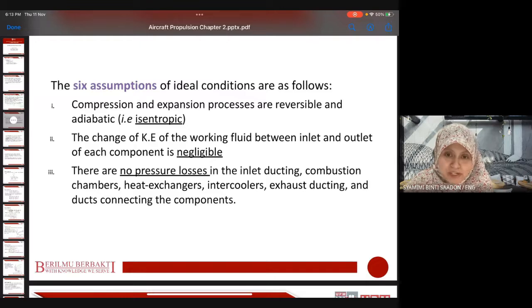We have to make our assumptions first, even though they are far from the ideal or far from the truth, or deviate a little from reality, from the actual process.